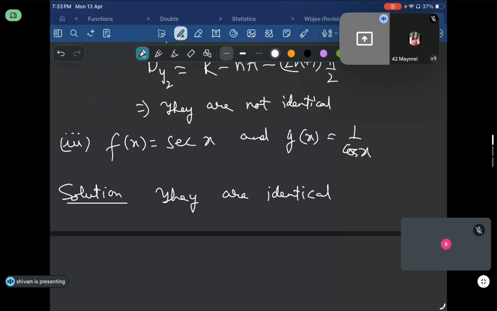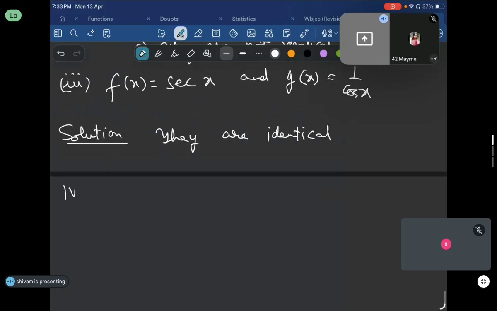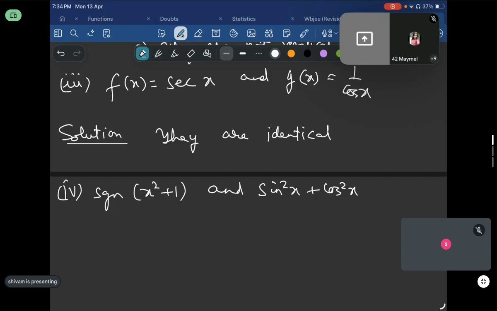Anyone having any doubt, you can ask me now. Number 4. Signum function of x square plus 1 and sin square x plus cos square x. Are they identical?